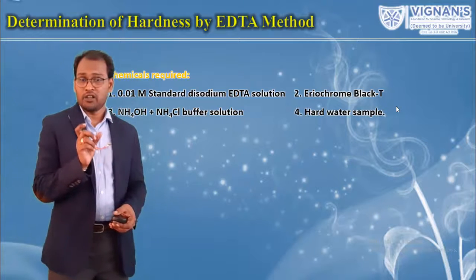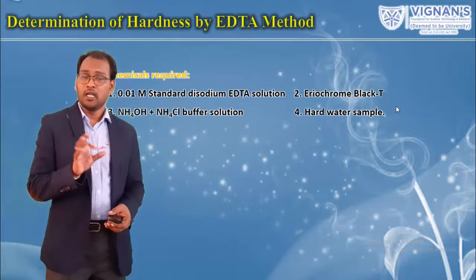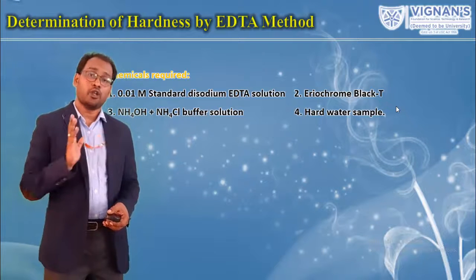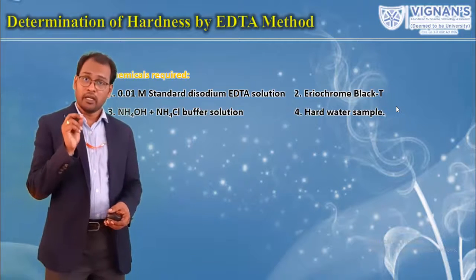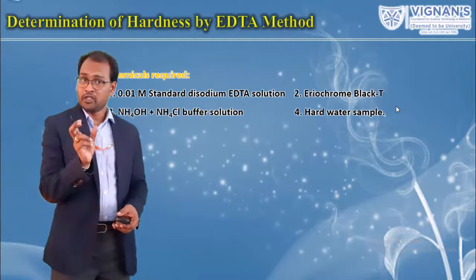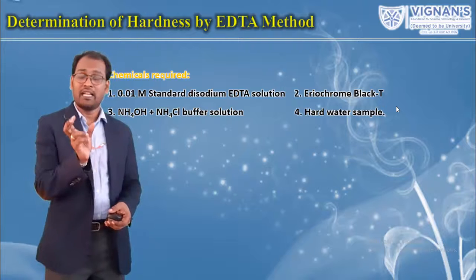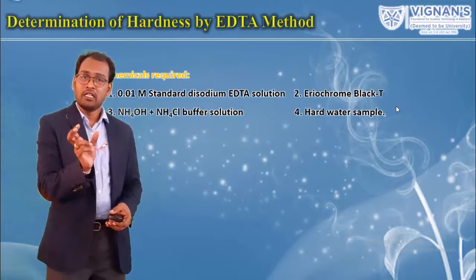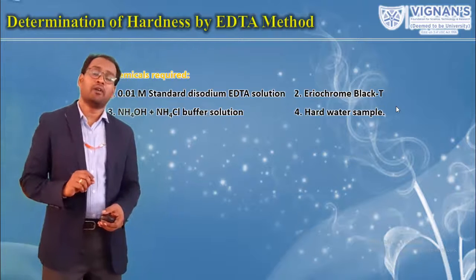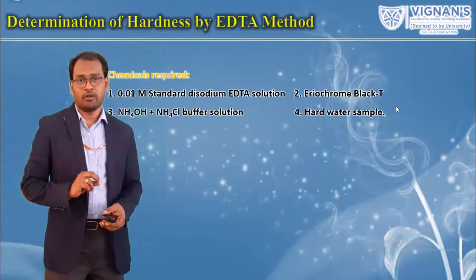If the pH is not changed, the color will not change. It will be either in the red form or in the yellowish orange form. So this buffer has to be added, and it will give you a pH of 10, so that the color of EBT will be blue.